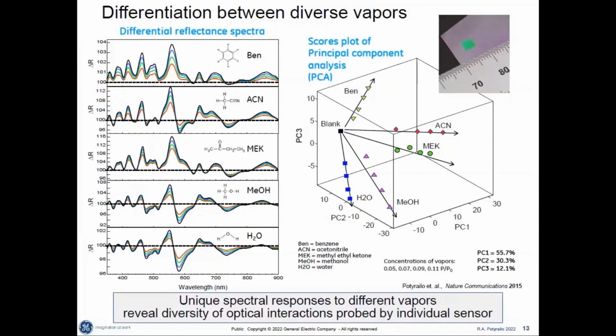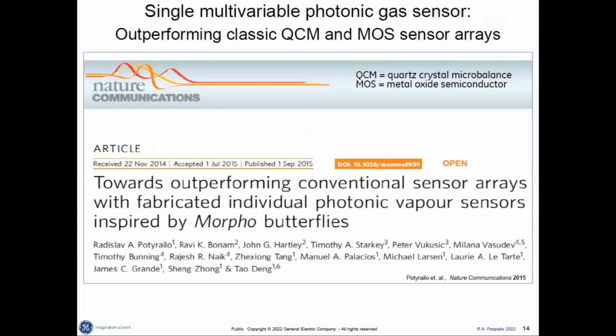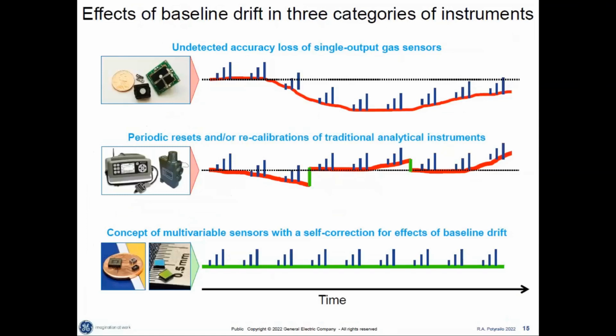And with our multivariate statistics, you can see that we're pushing responses into different directions. So we're better than different types of sensor arrays. And my cartoon shows here that the drift in the single output sensors goes unnoticed. Then we need to periodically recalibrate our classical devices.